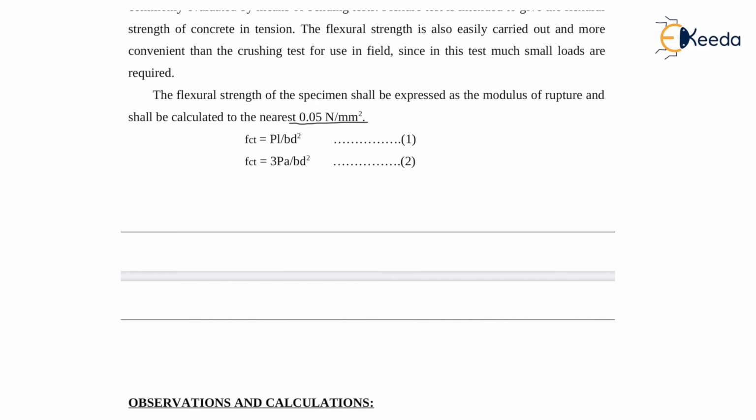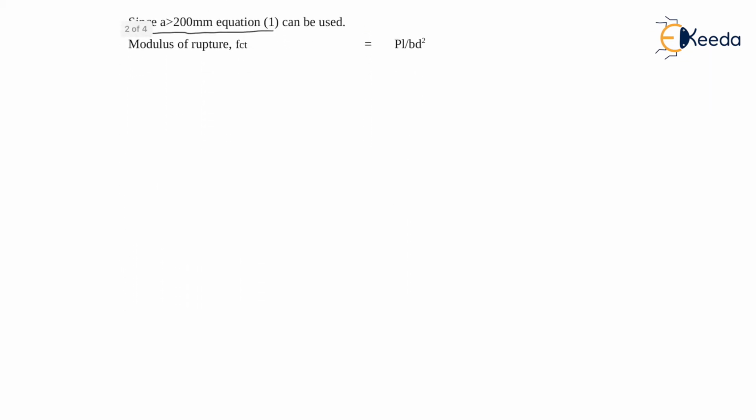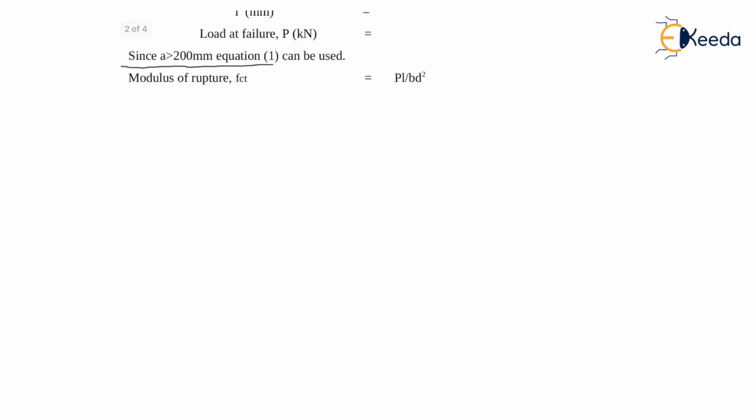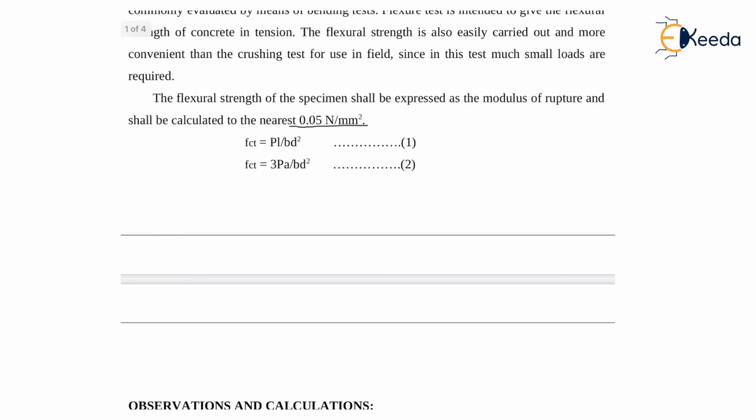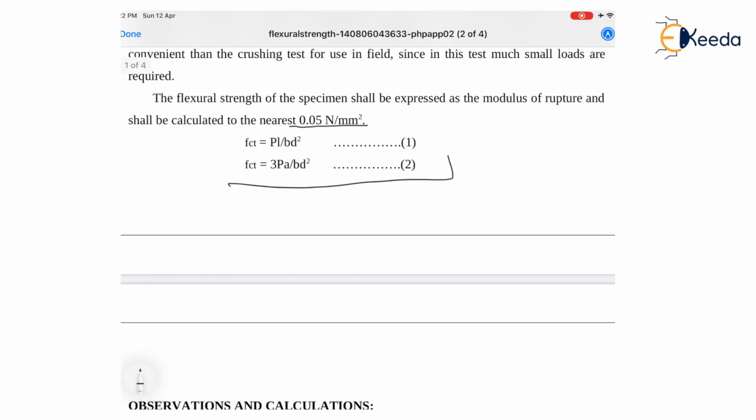This formula can be used if A is greater than 200 mm for 150 mm and if A is greater than 133 mm for the specimen having 100 mm. And if A is between 170 and 200, then we have to use the second formula, which is 3PA upon BD square. So by using these two formulas, we can calculate the modulus of rupture, which is nothing but the flexural strength of the concrete.